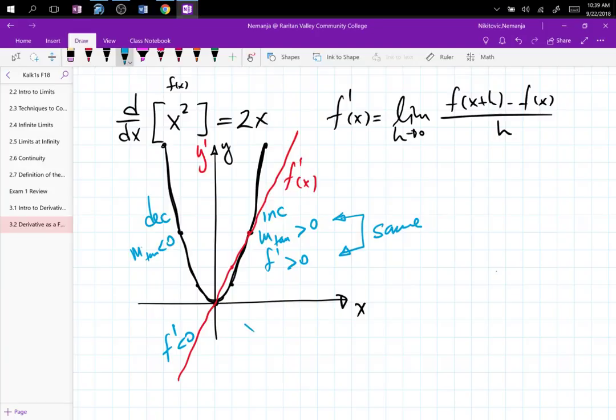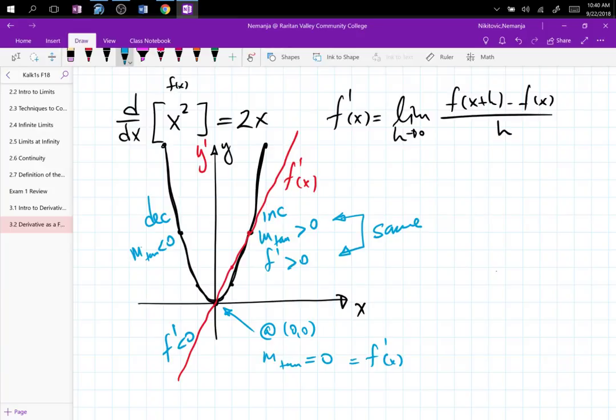And then we have one point, at 0, 0, where m tangent is equal to 0, which is our f prime of x also equal to 0. So add 0, 0 for this one. And this is not because it's 0, 0.